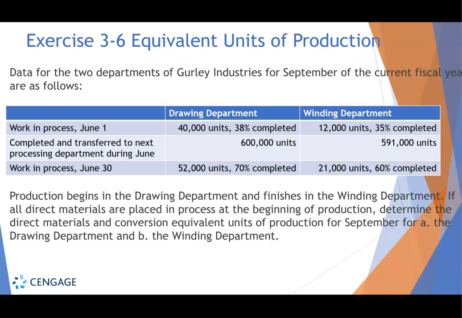And then what the winding department began with, what was completed and transferred out, and the ending work in process. Production begins in the drawing department and finishes in the winding department. If all direct materials are placed in process at the beginning of production, determine the direct materials and conversion equivalent units of production for September for the drawing department and also for the winding department.